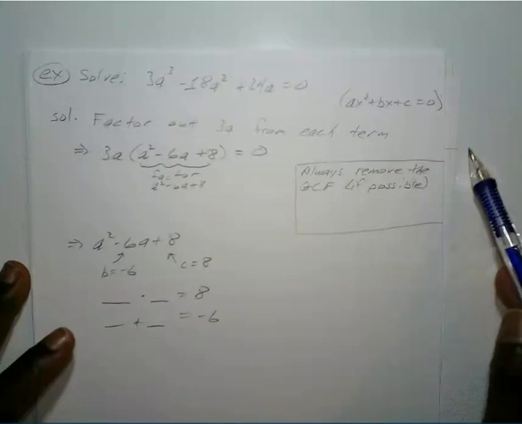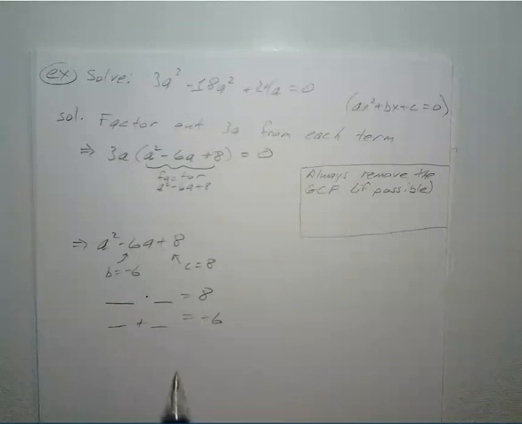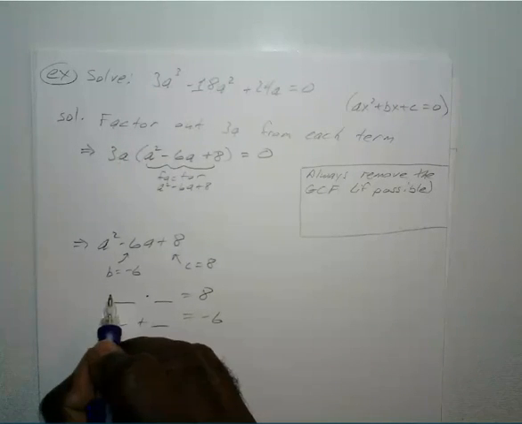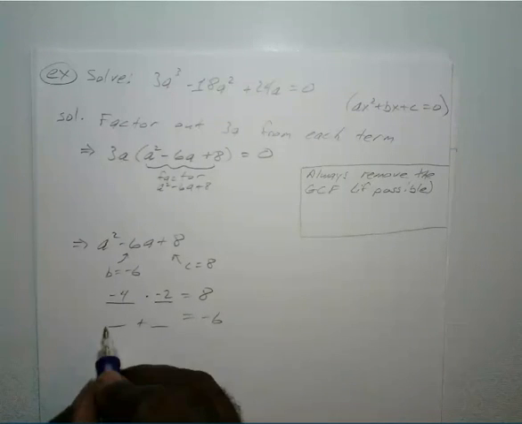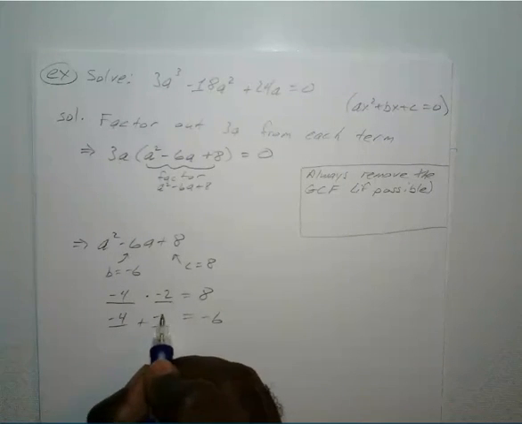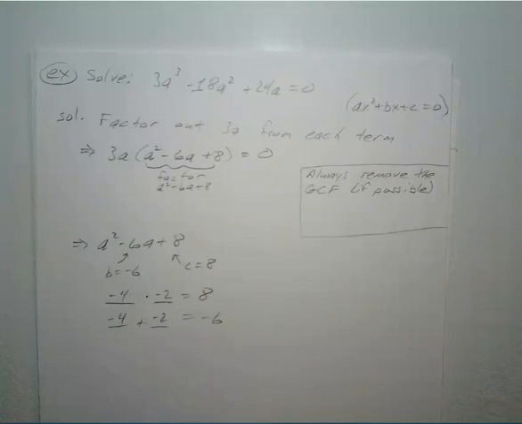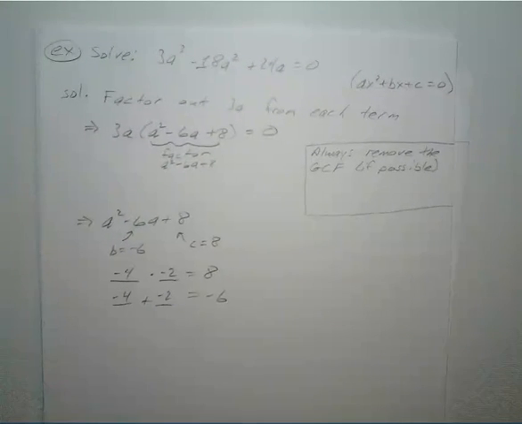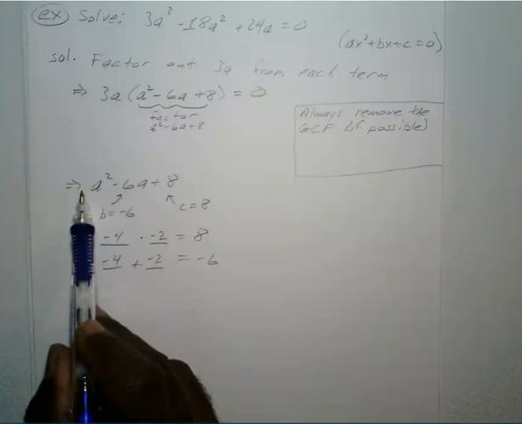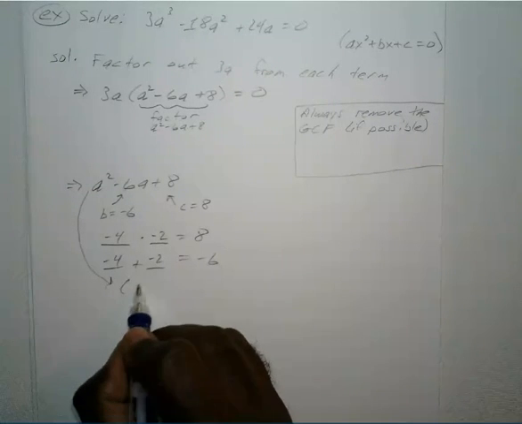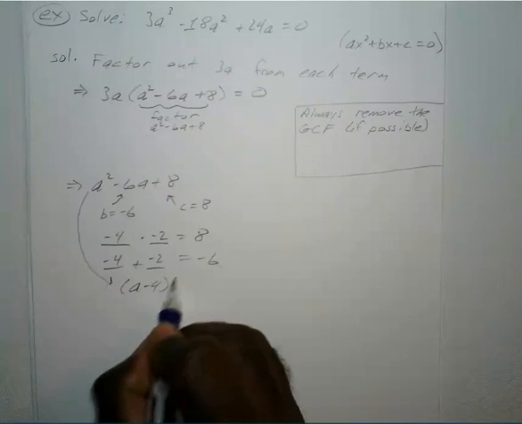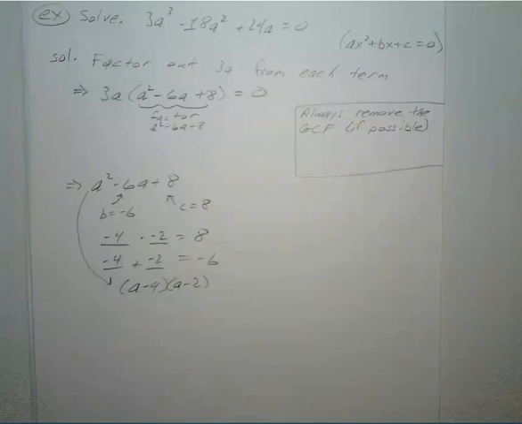In this case, negative 4 and negative 2 works, because negative 4 times negative 2 is positive 8, and negative 4 plus negative 2 is negative 6. So that means your a squared minus 6a plus 8 becomes a minus 4 times a minus 2.